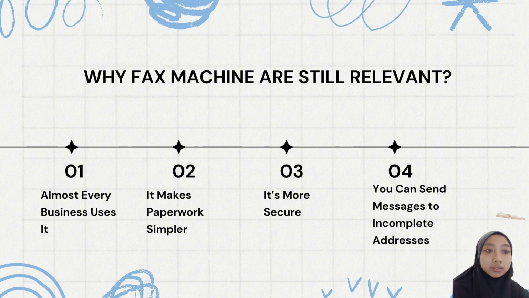Anything that makes the process of sending, sorting, and keeping this paperwork organized is a useful tool for a business. Using a fax machine helps keep paperwork simple and helps create a record, so you know everything is safe and secure.